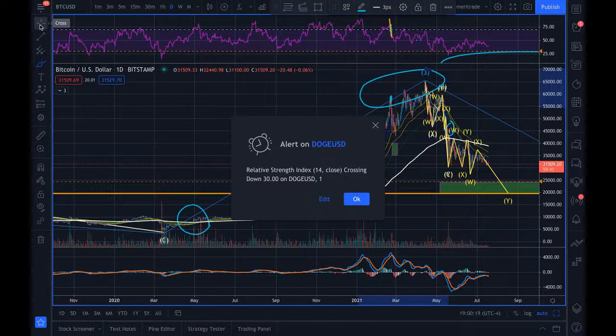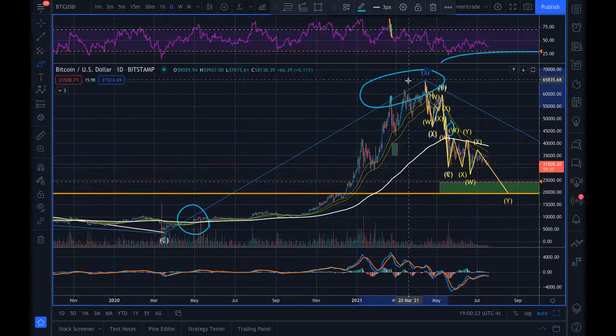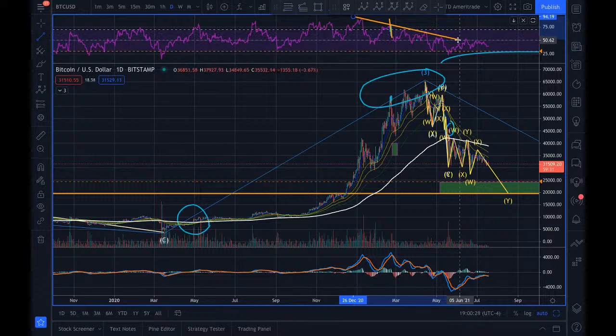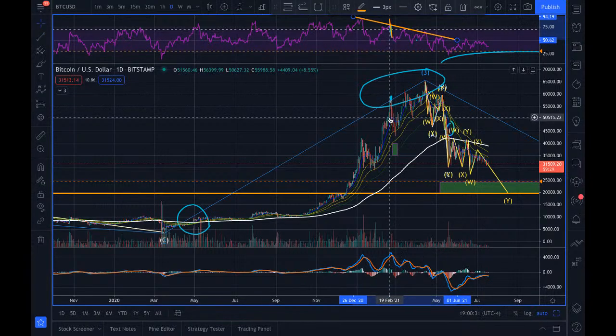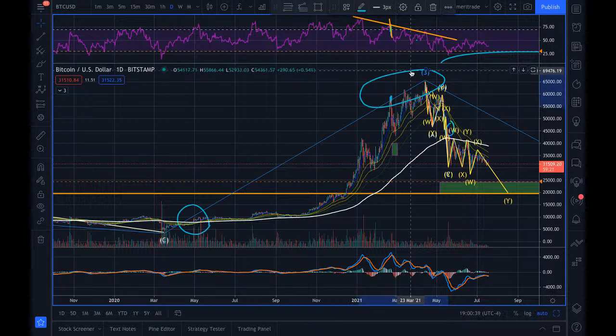But yeah, it's easy. Oh, Doge alert. It's easy for me to notice that it was about to go down because the RSI was going down, down, down, and the price was going up, up, up. Well, one of these things is going to break. That's what I call teetering on the edge, or on the brink.